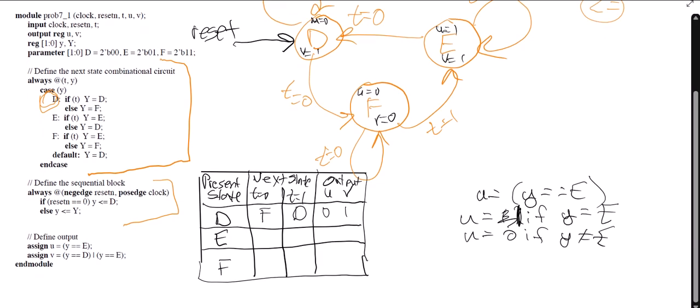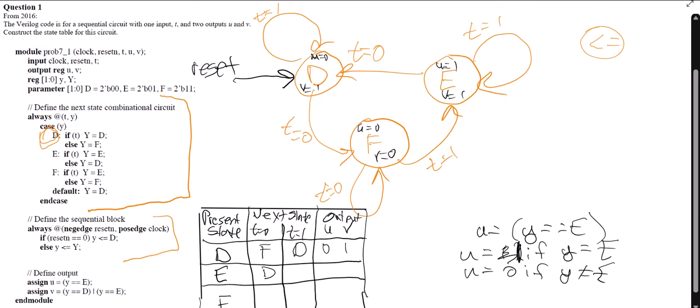For E, when T was 0, we went to D. When T was 1, we went back to E. And our output was U was 1, V is 1.